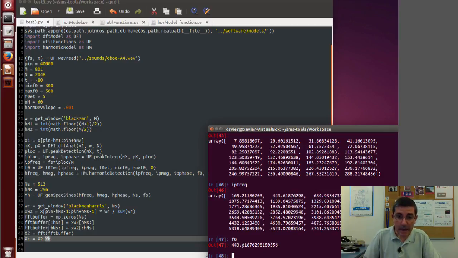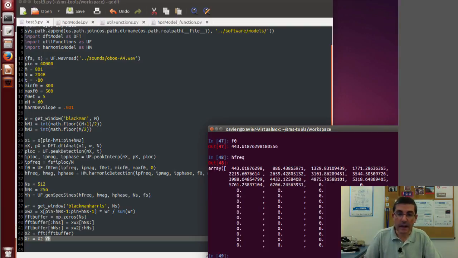And then out of this fundamental frequency, it has chosen the peaks that are harmonics of it. So hfreq is the set of harmonics that it has identified in this particular location. So it has identified all these harmonics. The other peaks have not been considered harmonics.